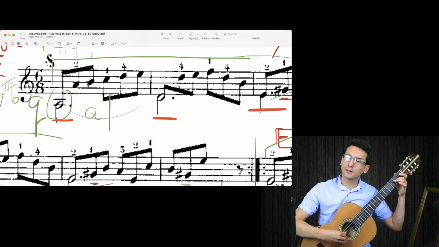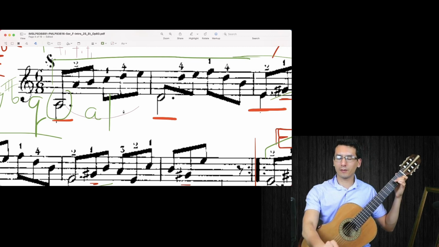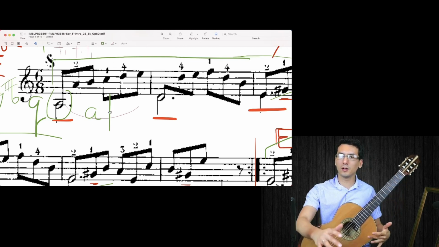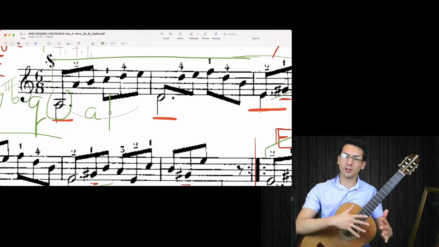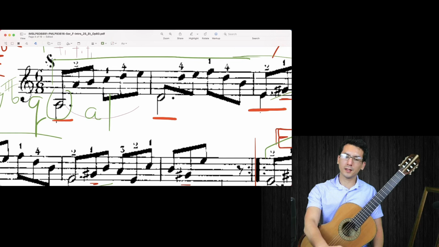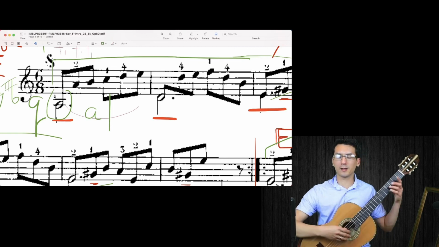Okay, because this is focused on the A minor harmony, I'm not too concerned about too much legato, because sometimes you can have too much legato, like notes can ring and they might clash with each other. But these notes will ring together harmoniously because they're part of the same harmony.